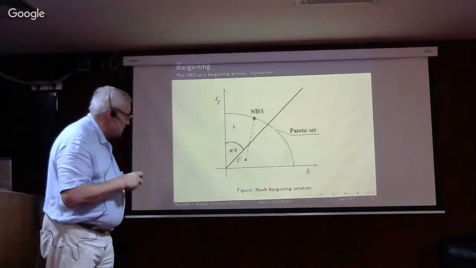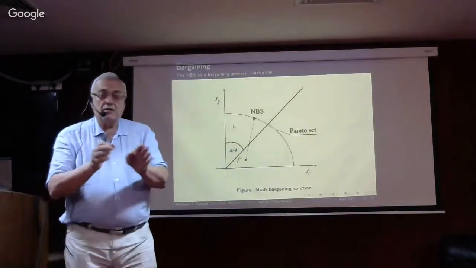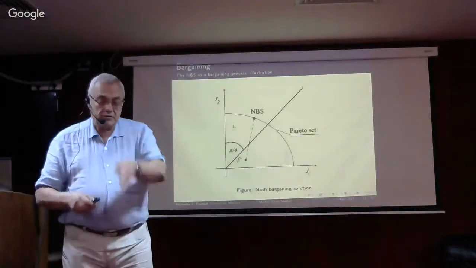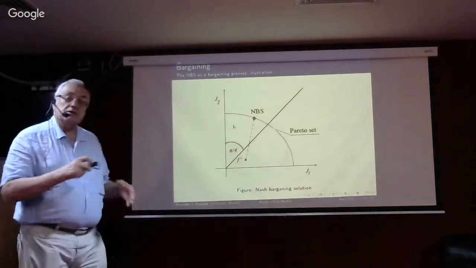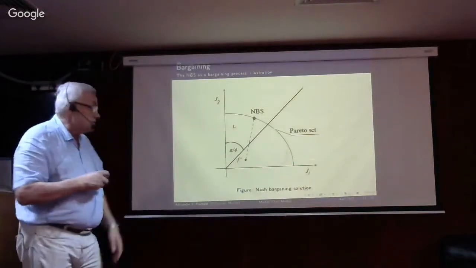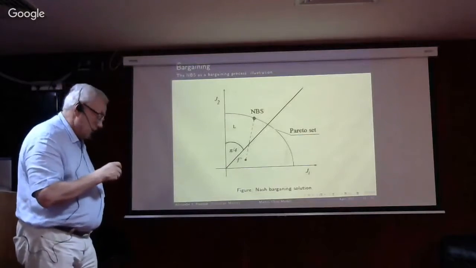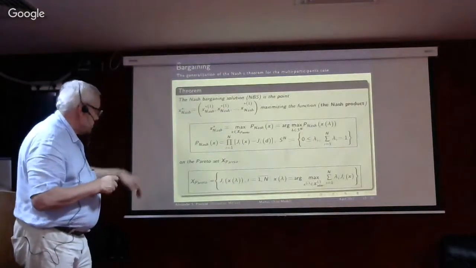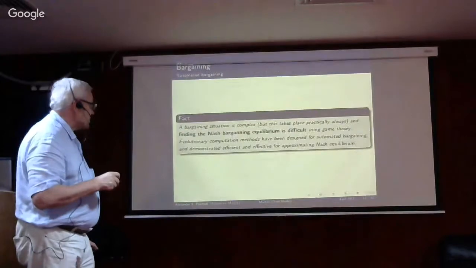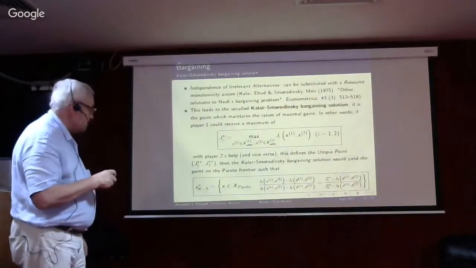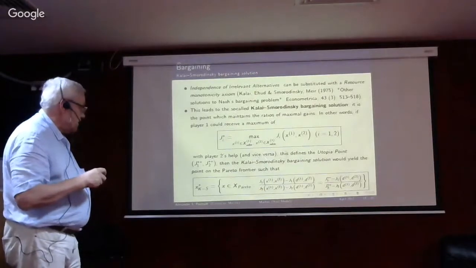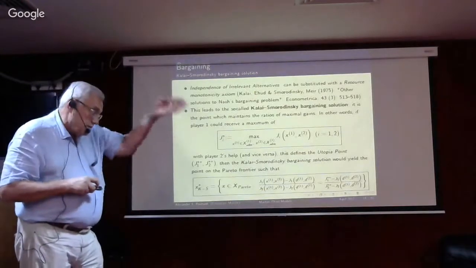But Kalai said, no, I suggest that we move at 45 degrees, along the bisectrix. Here is the description. So Kalai-Smorodinsky suggests movement along the bisectrix.